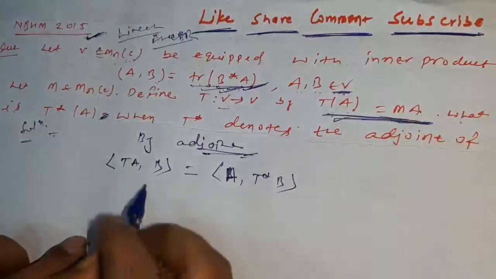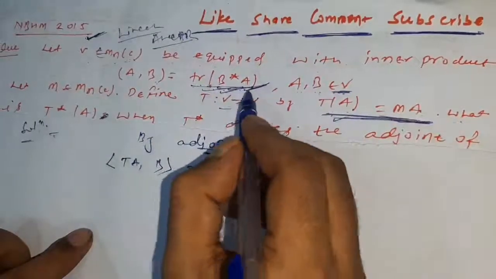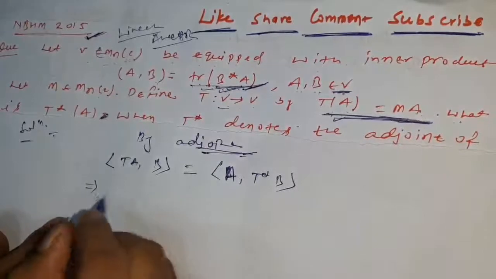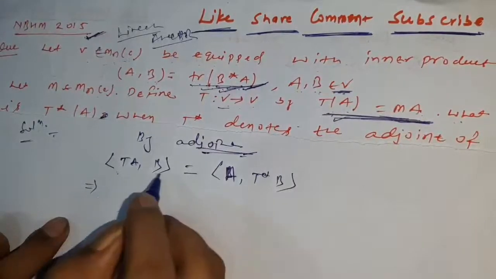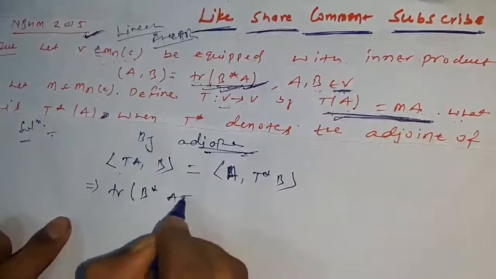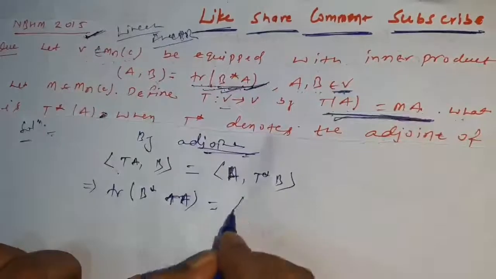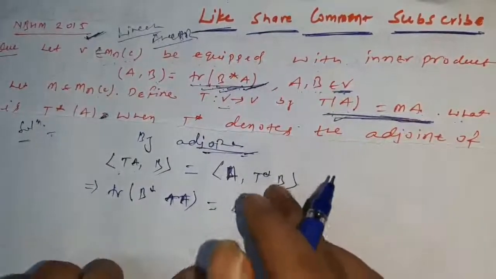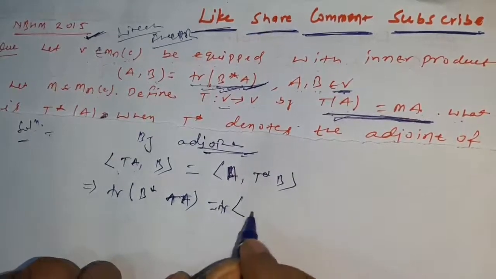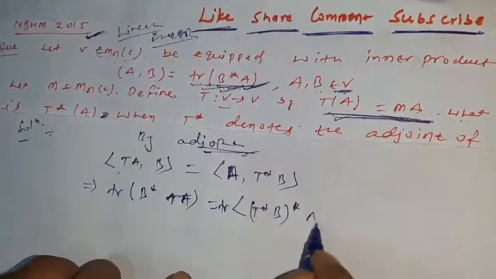Further we proceed with the help of the inner product defined like this. So inner product of T(A), B is equal to trace of B star T(A), and similarly we can write this as trace of (T star B) whole star A.